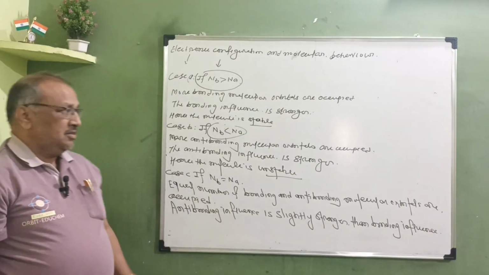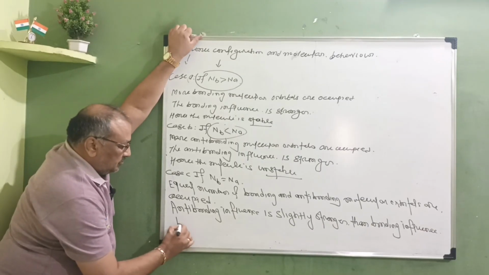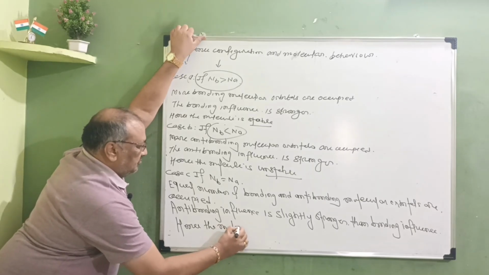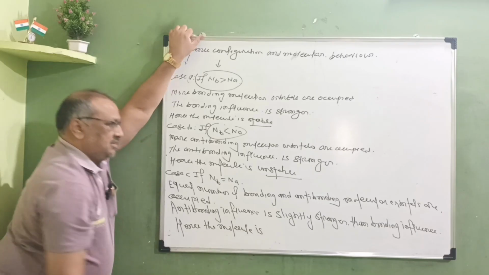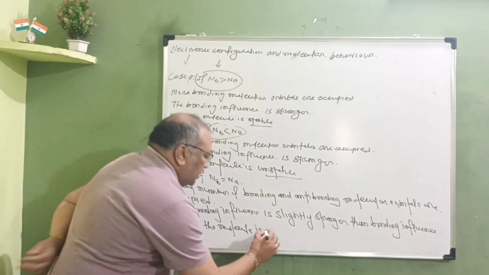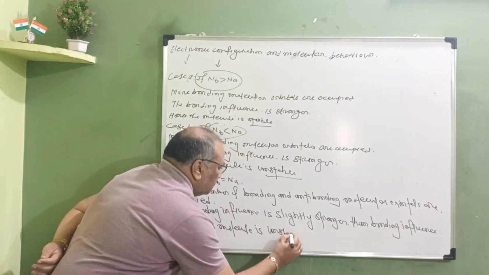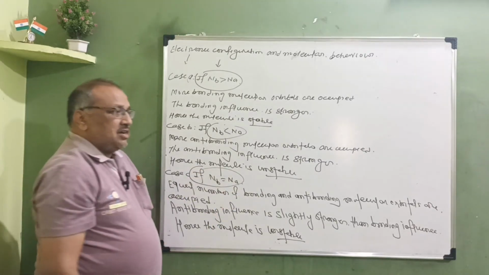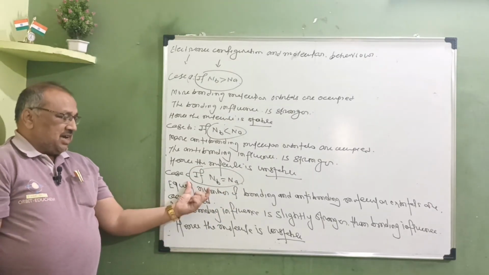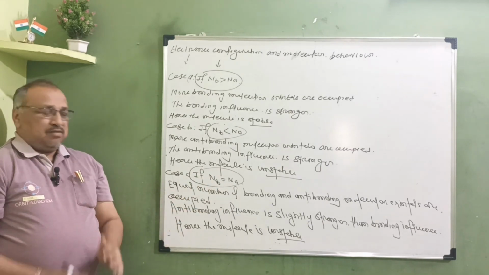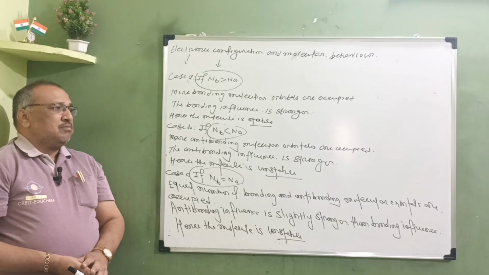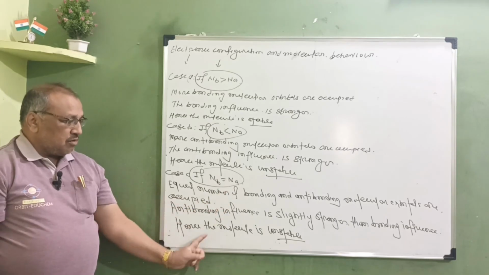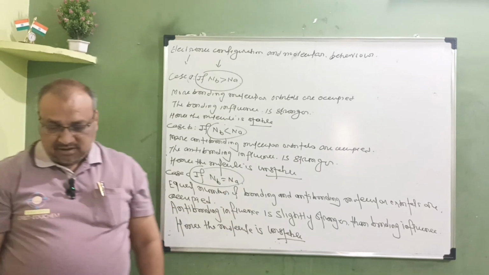Hence, the molecule is unstable. Also keep in mind, if Nb is equal to Na, then the molecule is unstable.